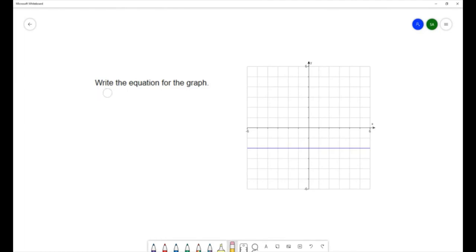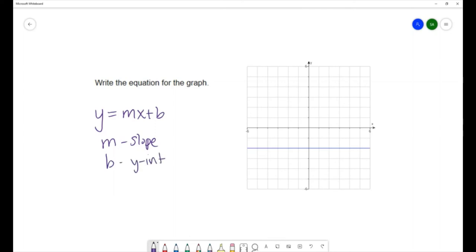This question says, write the equation for the graph. And we have a picture here of a horizontal line that looks like it passes through -2. So I'm going to keep in mind that this is a straight line, and in slope-intercept form, that straight line has the equation of y equals mx plus b, where m is the slope and b is the y-intercept.